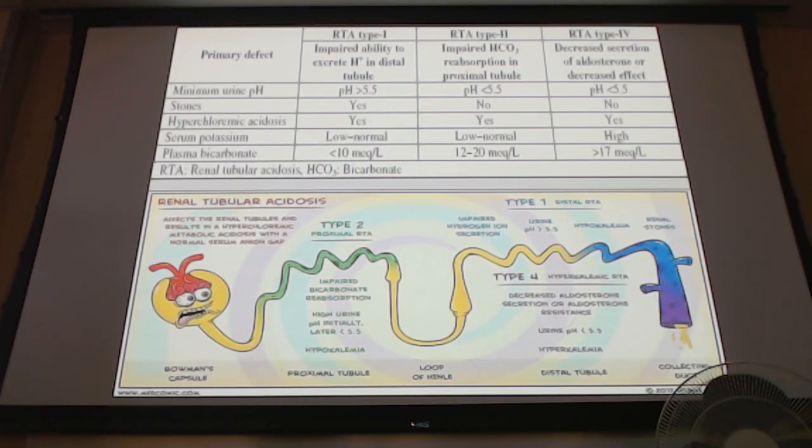So we talked about Fanconi syndrome. Where's Fanconi syndrome on here? Type 2, proximal.